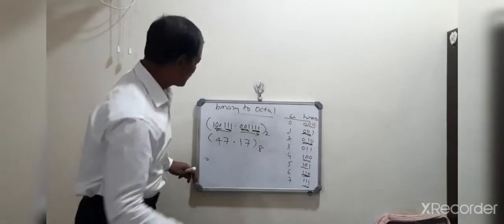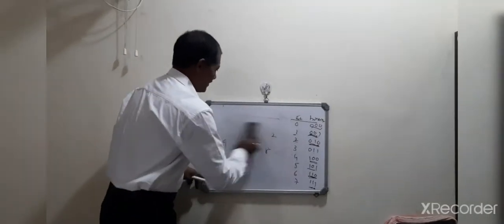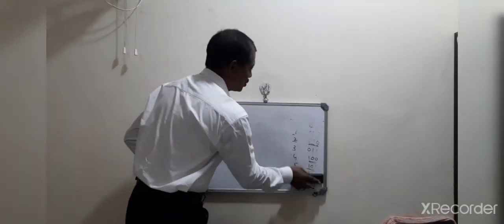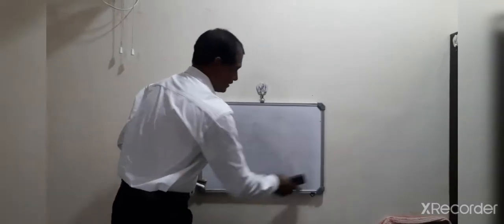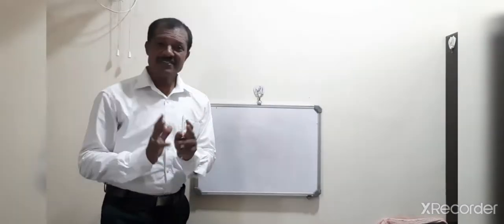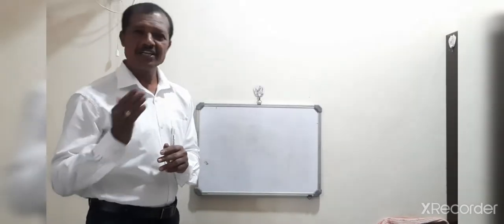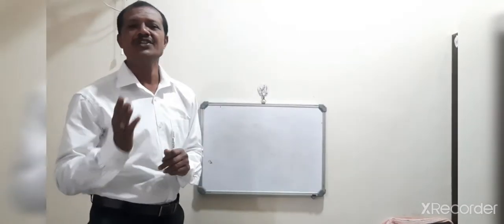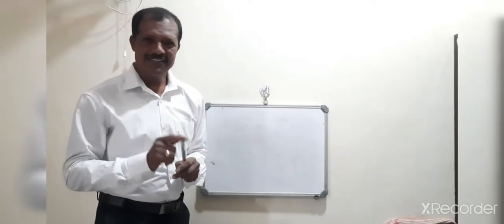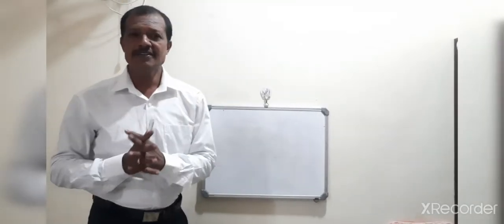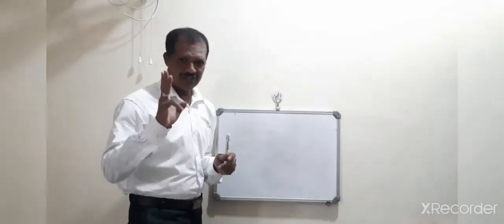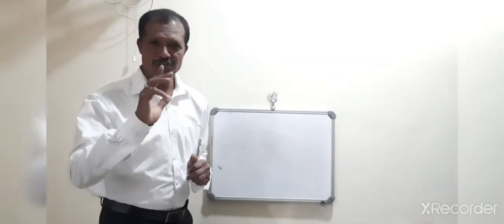So once you understand this, next is hexadecimal to binary and binary to hexadecimal. The only difference between octal to binary and binary to octal, and hexadecimal to binary and binary to hexadecimal, is this. In octal, how many numbers are there? 8 numbers, 0 to 7.